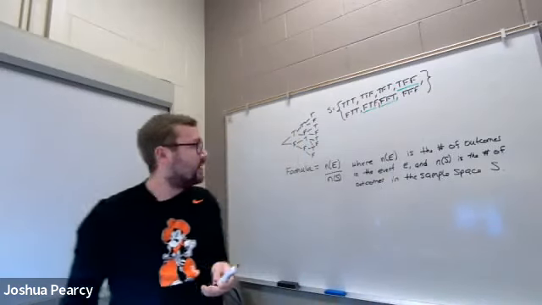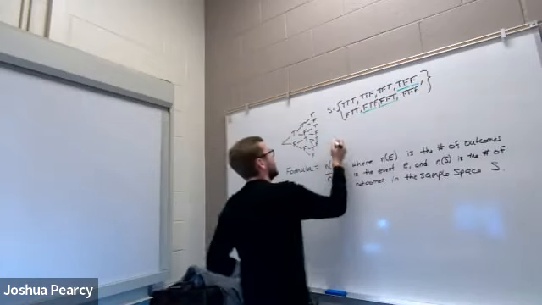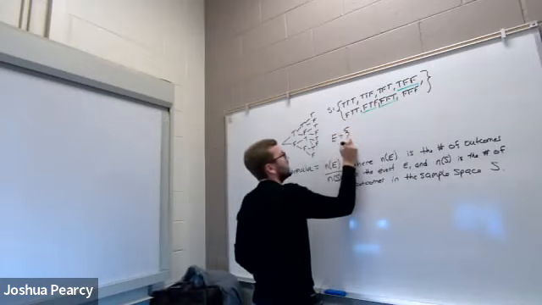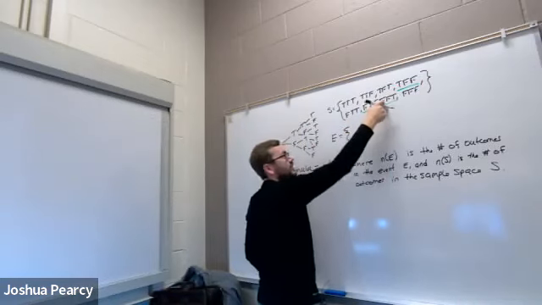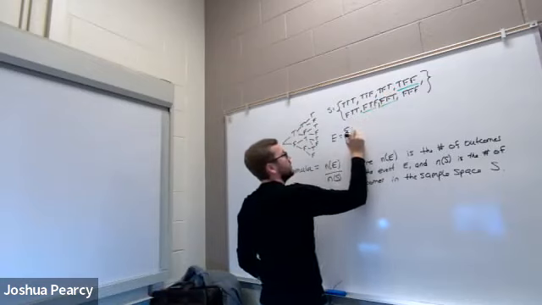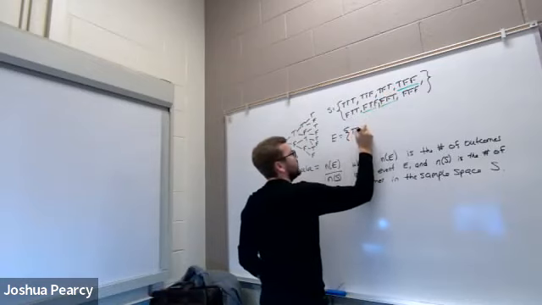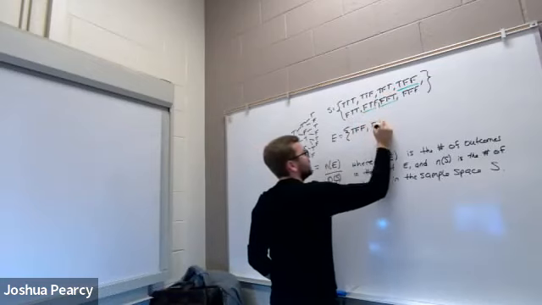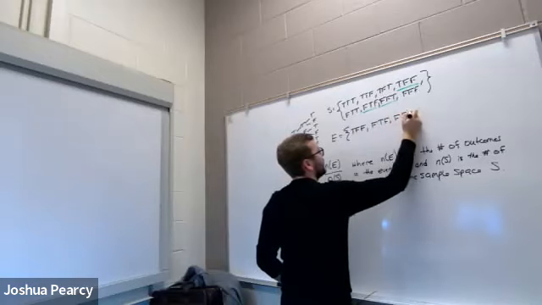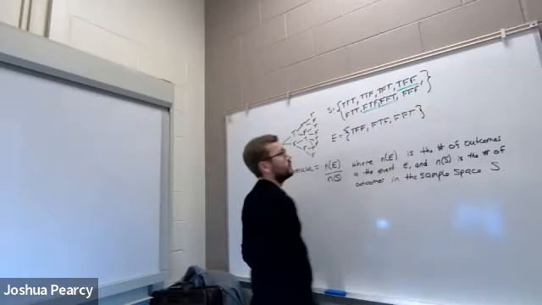So then the event E consists of these 3 outcomes where we have 2 falses: true, false, false; false, true, false; and false, false, true.